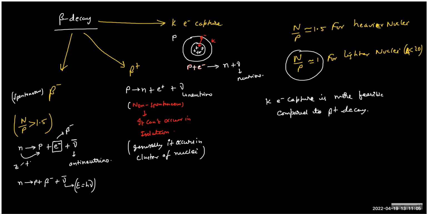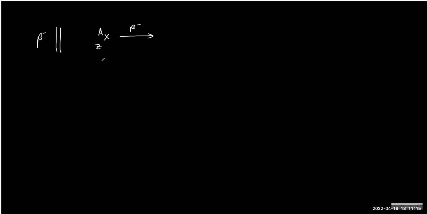So Z will be changed to Z plus 1, correct? Atomic number will increase, no? Yes. Because what is the meaning of atomic number? The number of protons. So it will create a new element. A will be the same, Z becomes Z plus 1. Okay.